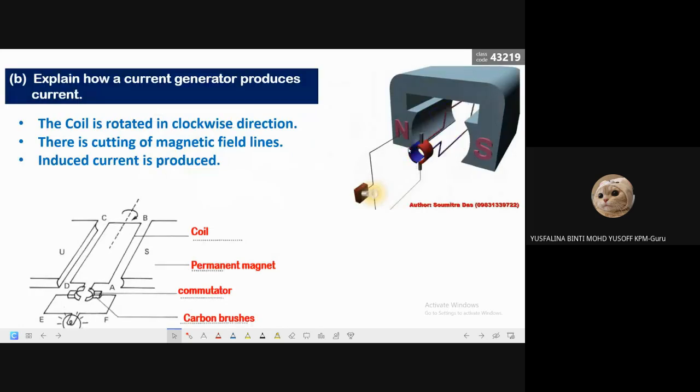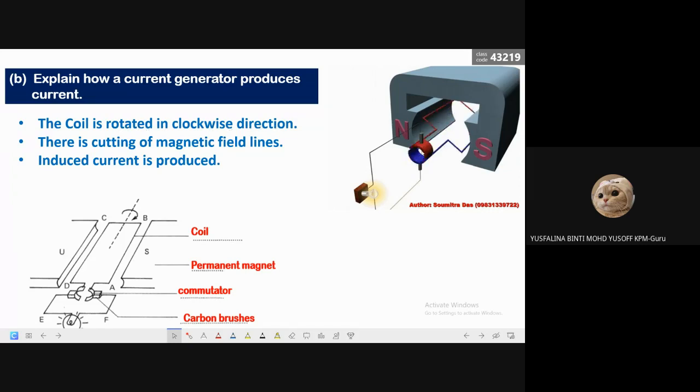Okay, explain how the current generator produces the current. So you see the diagram here. You use a commutator, so you already know this is a DC current. So how to explain? This one can come out for 4 marks. So the coil is rotated in a clockwise direction.